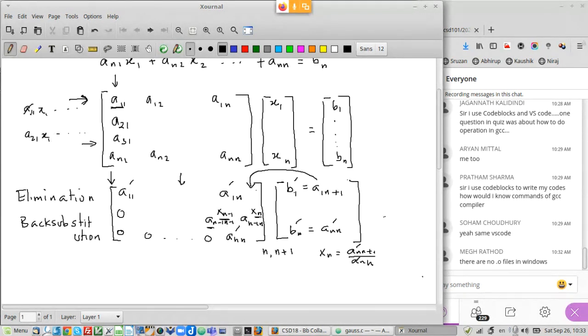Then you multiply it by minus a21, and add this row, which is called the pivot row, to this one. So minus a21 x1 plus a21 x1 becomes 0.